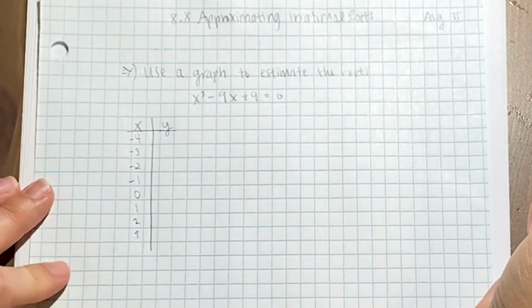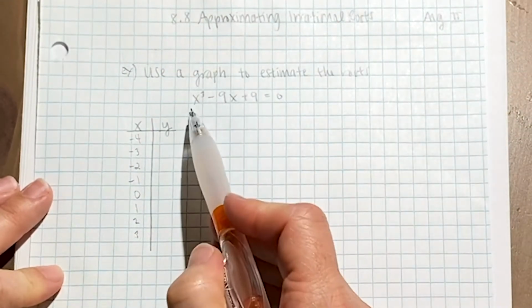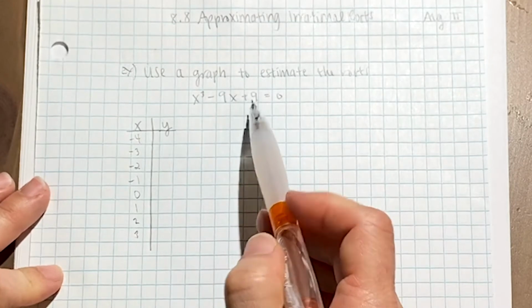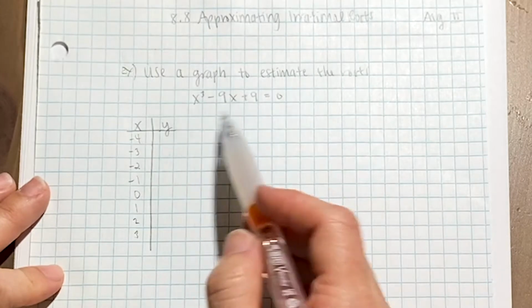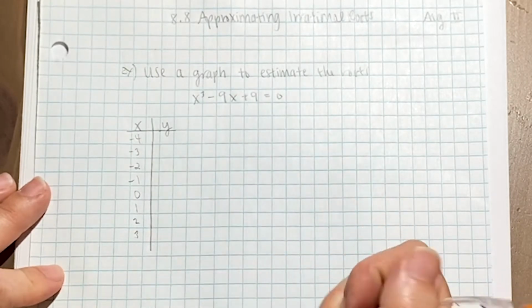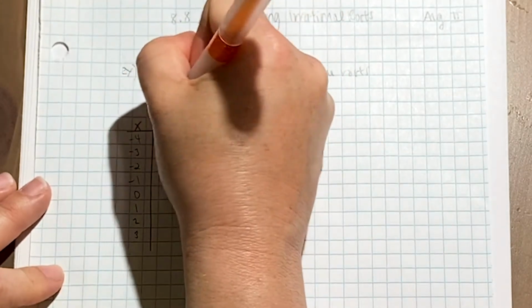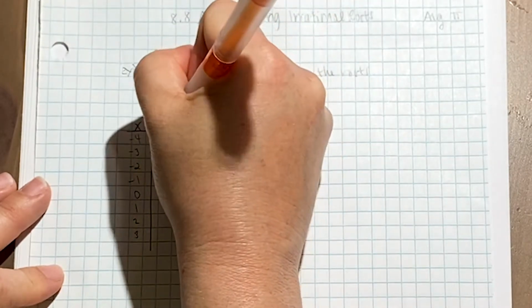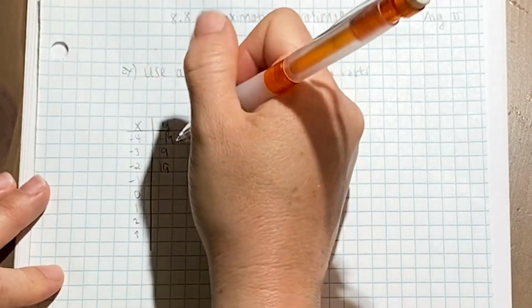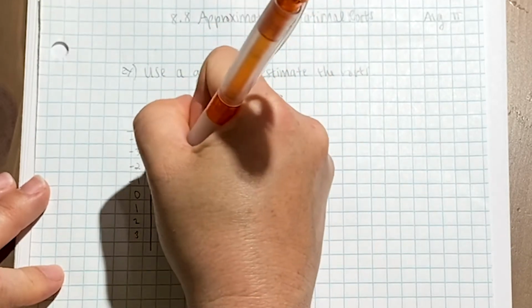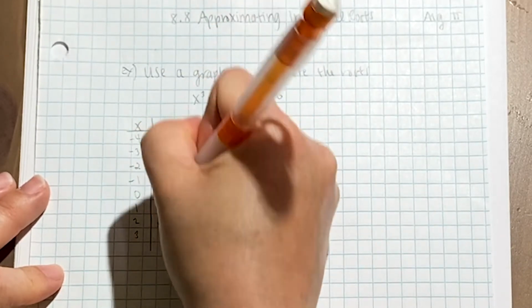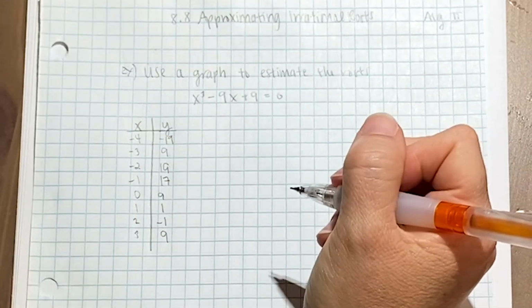You can plug each number in by hand and solve to get your y values, or if you have a table function on your calculator, you can plug in your equation and use the table function of your calculator. So we're going to have -19, 9, 19, 17, 9, 1, -1, 9.